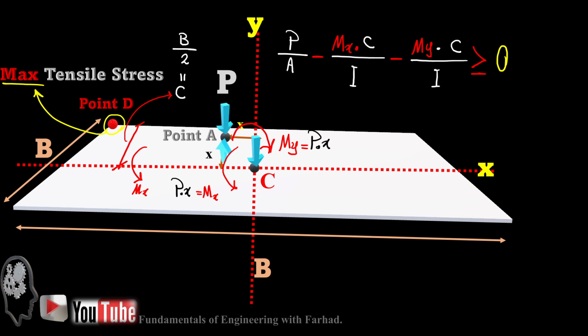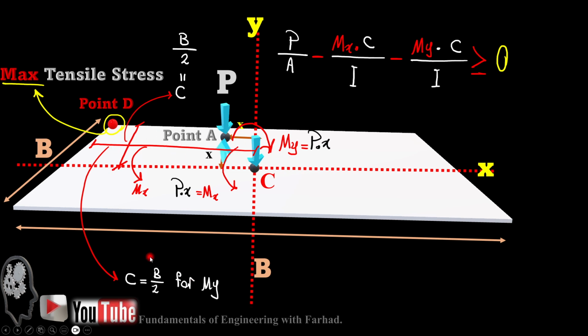For calculating the distance for M_x, you can easily see the point D has a distance of b over 2 from the x-axis. Likewise for M_y, the distance of point D is also b over 2, this distance.